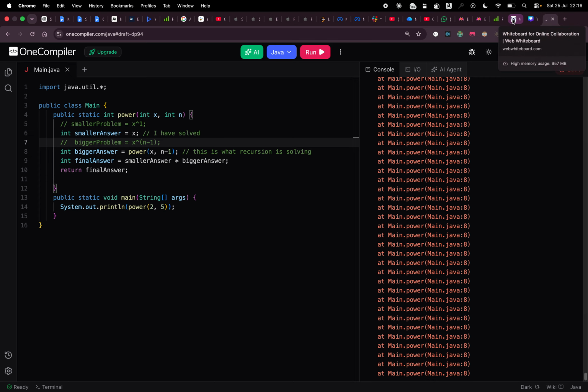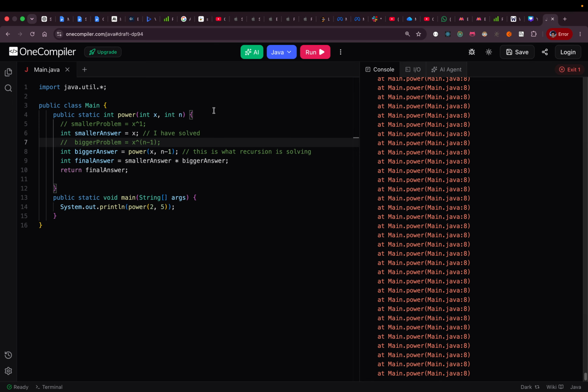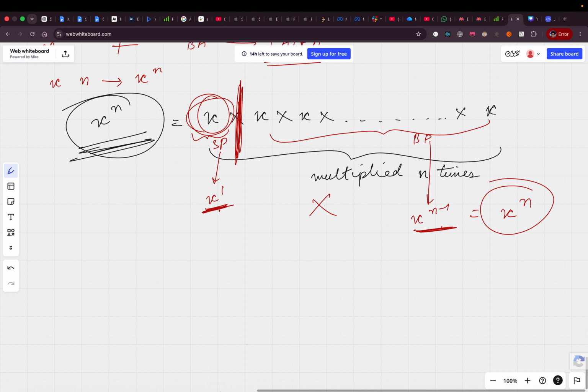So there is one more step in the recursion code that we have to write: a base case. Now, what is a base case?